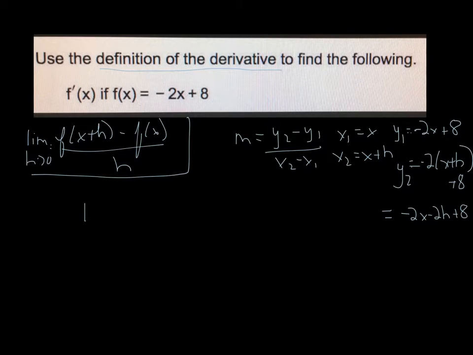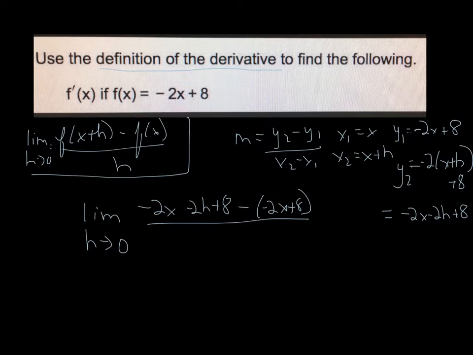And now we're ready to find the slope by taking f of x plus h, which is y2, so it's this expression that we just found, minus y1, which is this, over h.